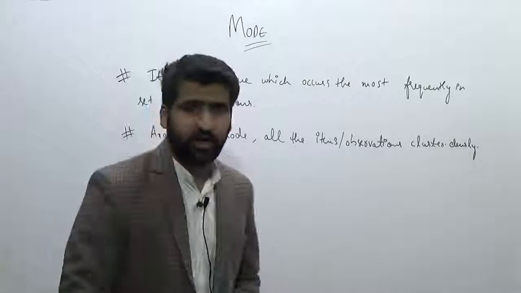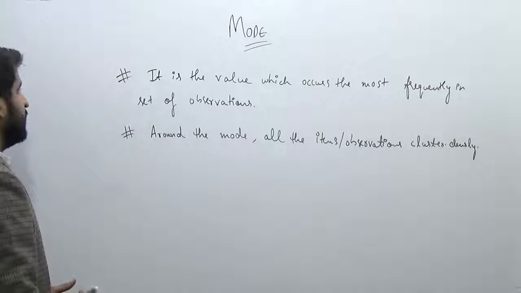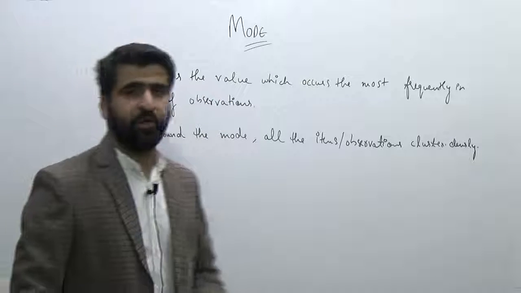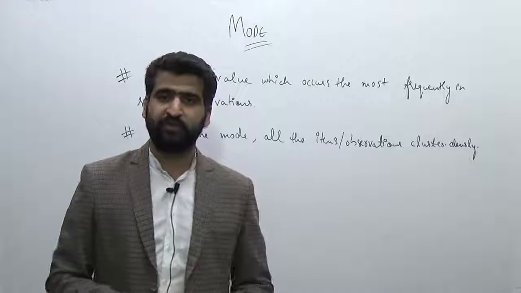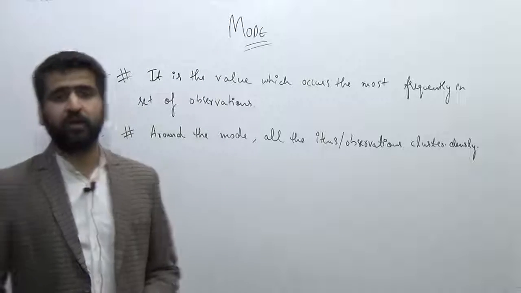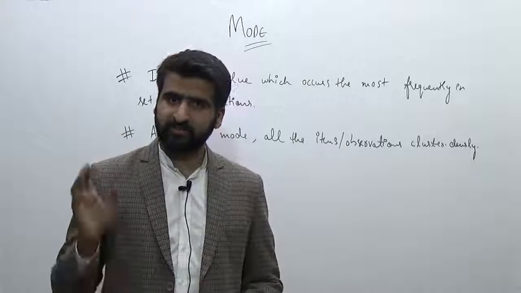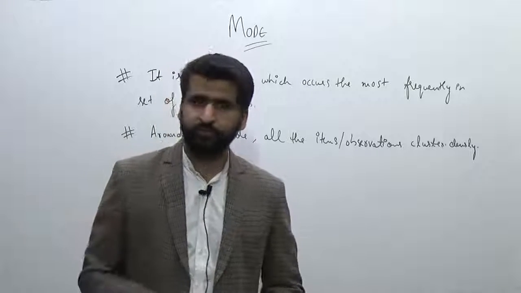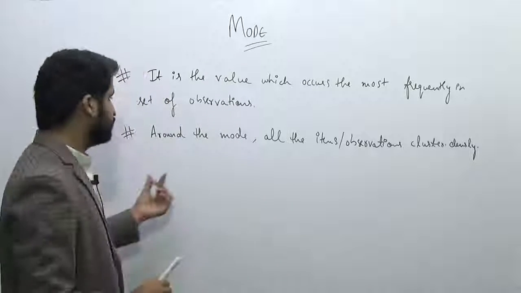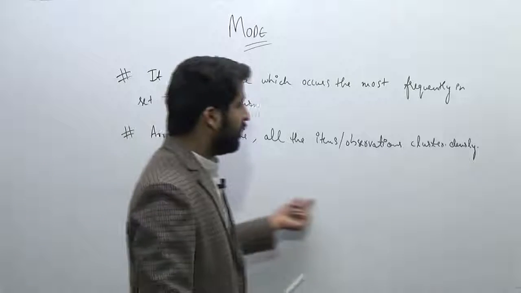So let's first understand the concept. It is a value which occurs the most frequently in the set of observations, and around the mode all the items or observations cluster densely. Okay, so that's the basic definition of mode.